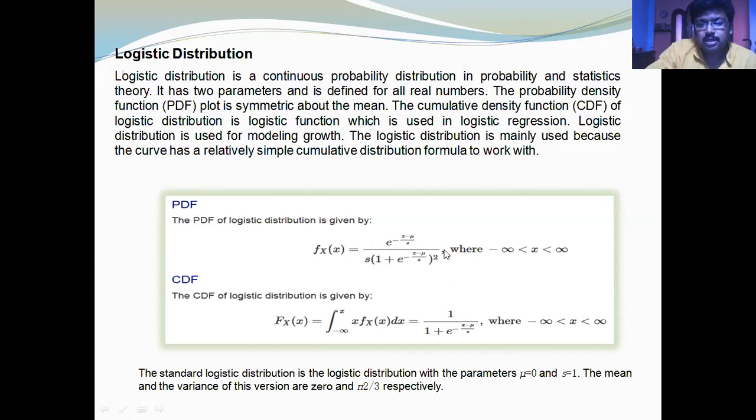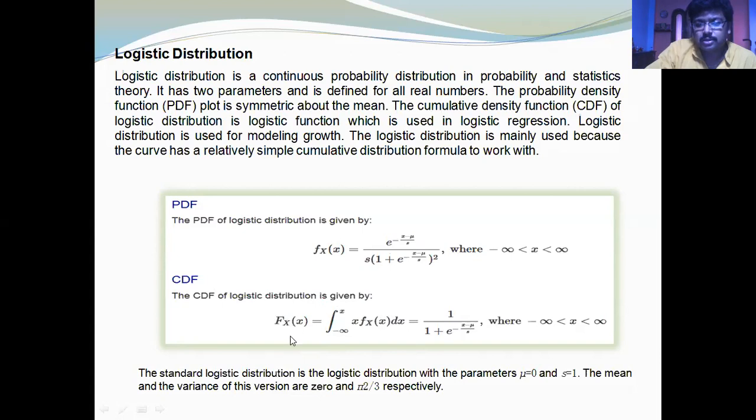This is the PDF of the logistic distribution. The value of x lies between minus infinity and plus infinity. Clear? And this is the cumulative distribution function, CDF, of the logistic distribution.